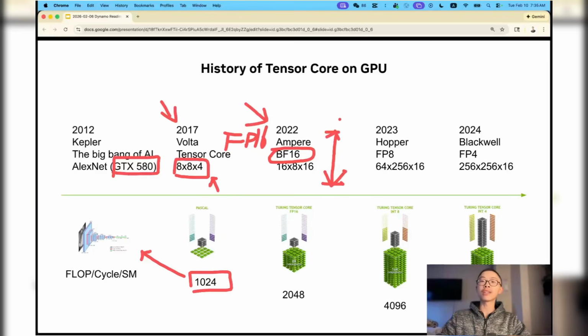Next came Hopper in late 2022, the H100 and H200. It added FP8 Tensor Cores and makes them larger, 64 by 256 by 16, and it supports scaling FP8 training. And then enter Blackwell, with an even larger Tensor Core unit and higher throughput, designed for trillion parameter models.